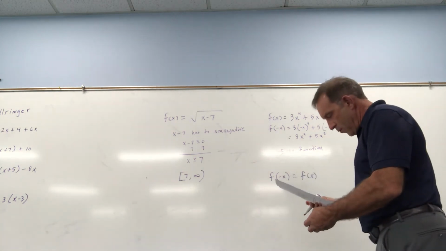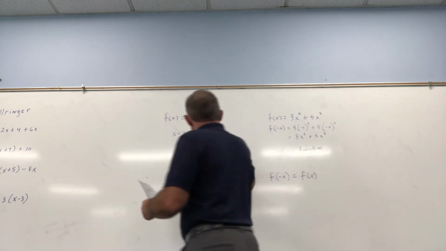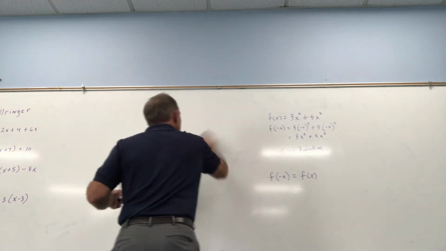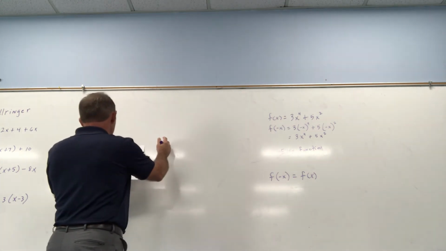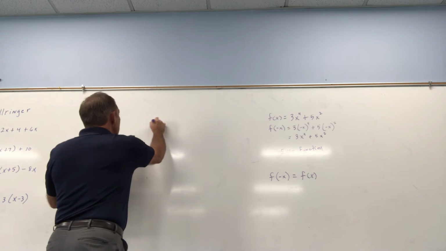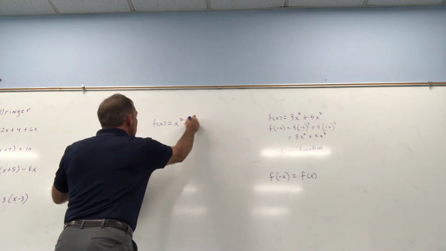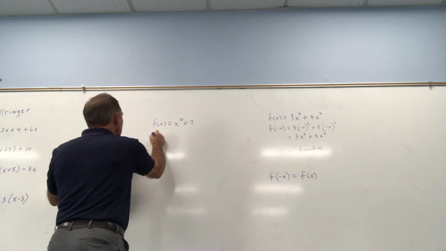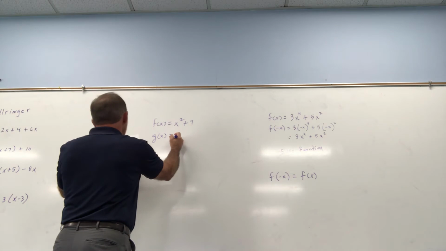Number 5, we were adding 2 functions together. So, let's see, f of x is x squared plus 7. G of x is 2x plus 3.